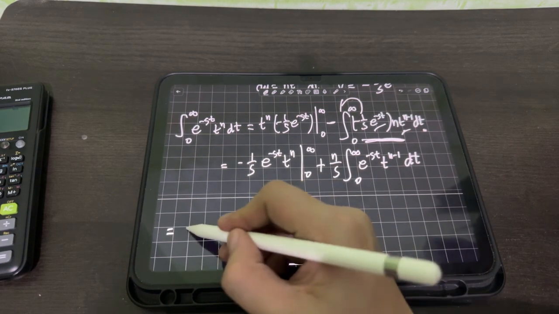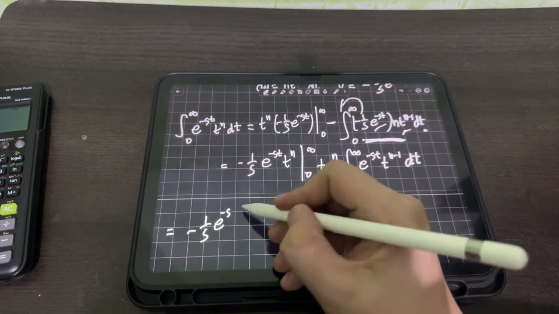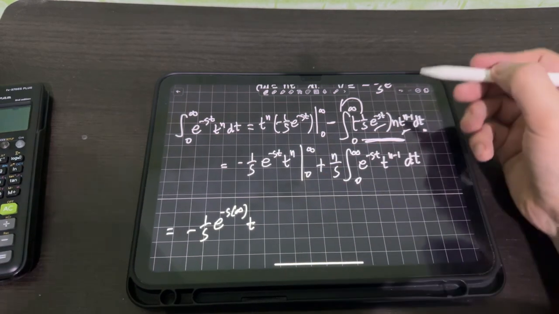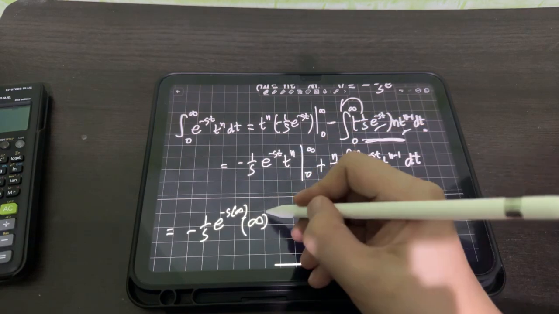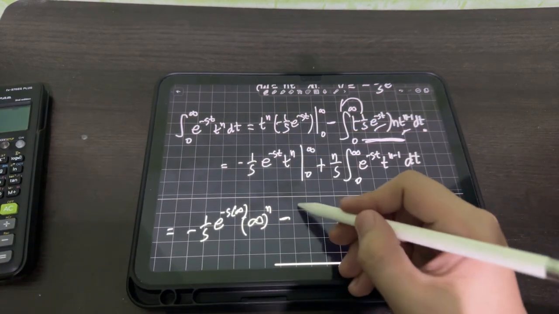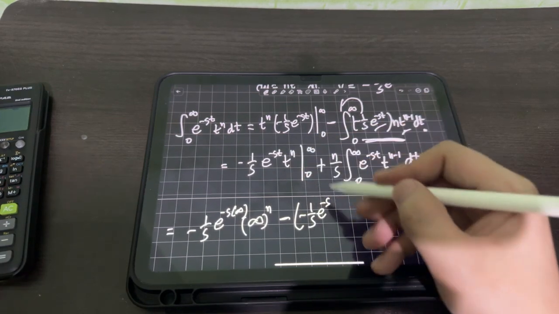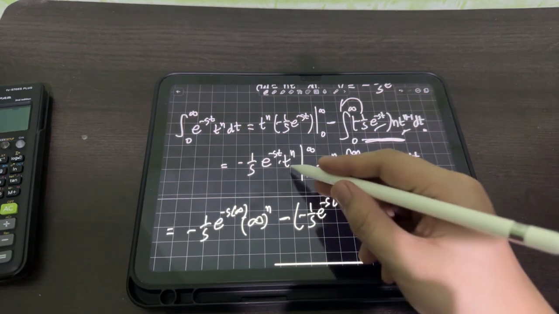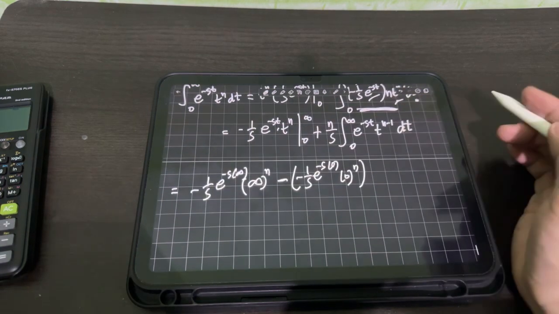We will have negative 1 over s e to the negative st, with t replaced with infinity, and t to the n also replaced with infinity raised to n, then minus negative 1 over s e to the negative st, replaced this time with the lower limit 0, t to the n. So replace also t with 0, raised to the n power.